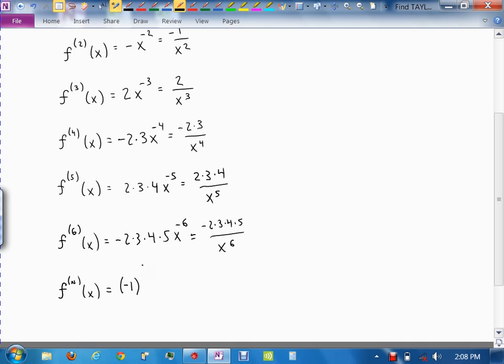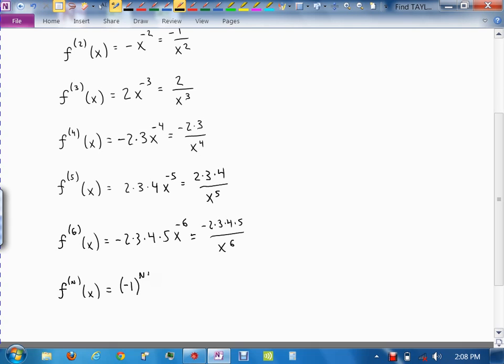If I plug in 2 for n, the second derivative should give me a negative. The third derivative, a positive. Fourth derivative, a negative.